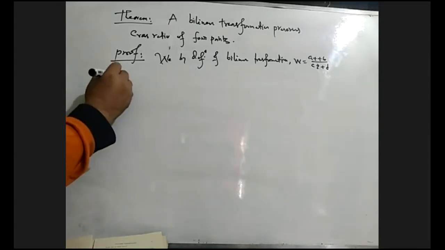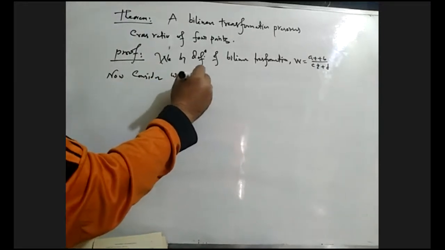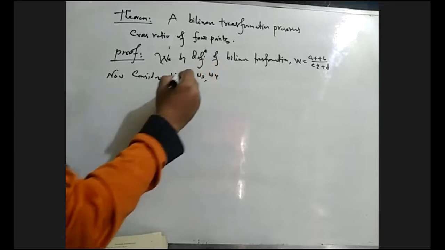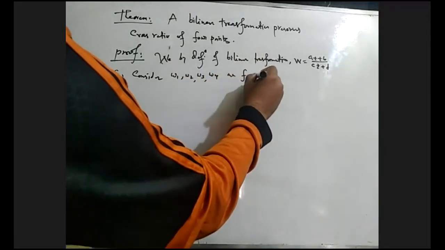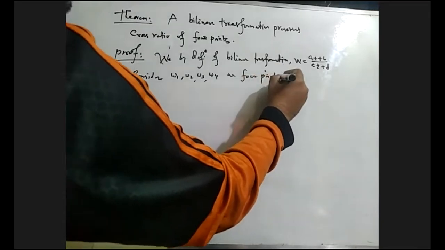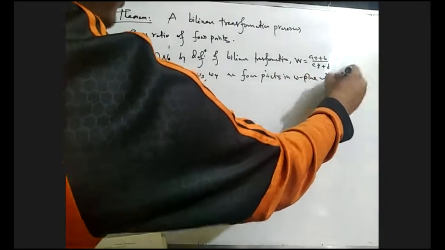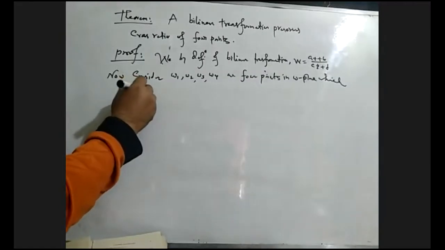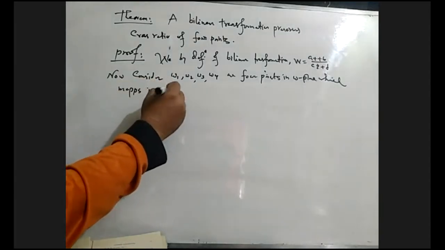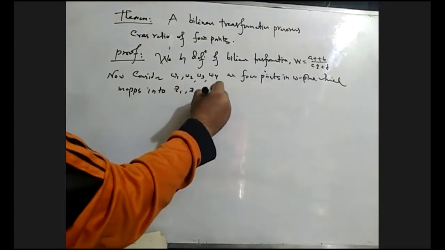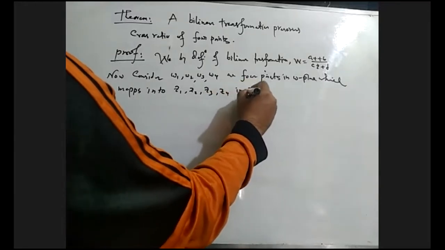Now consider W1, W2, W3, W4 are 4 points in the W plane, which map into Z1, Z2, Z3, Z4 in the Z plane.